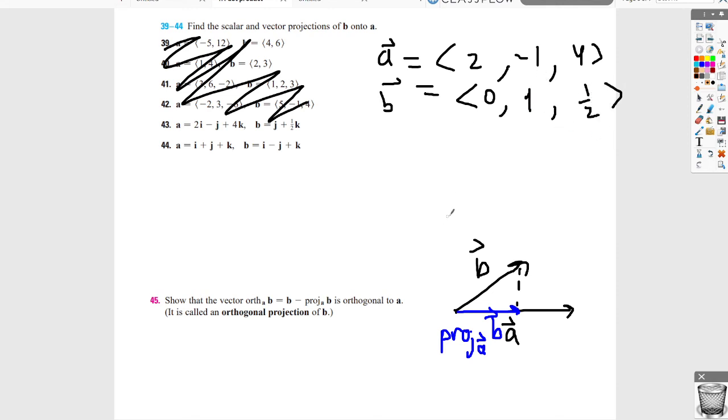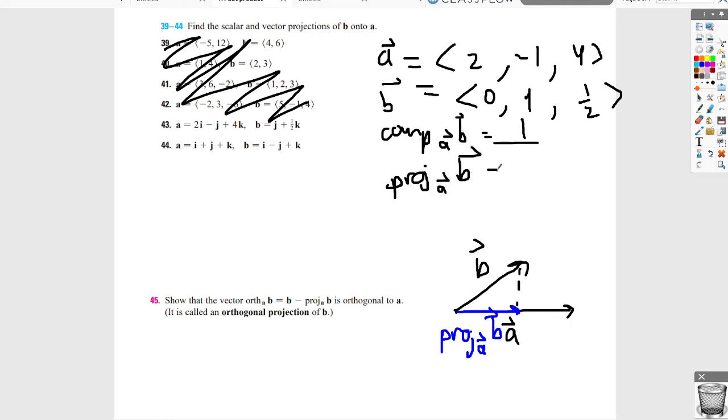That's simply it. So the projection of B onto A, like that, is equal to A dot B, which is 1, over the absolute value of A. Actually, this is the component, so I would write comp. And then the projection is the same thing, but it's a vector instead.